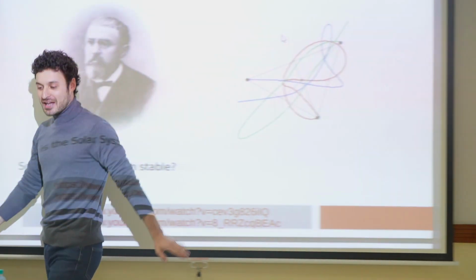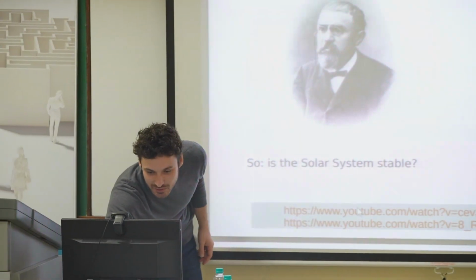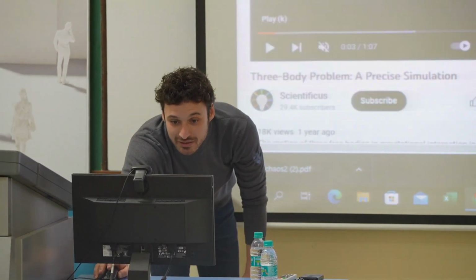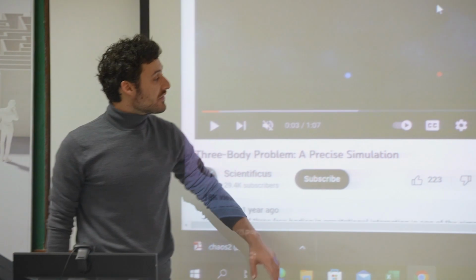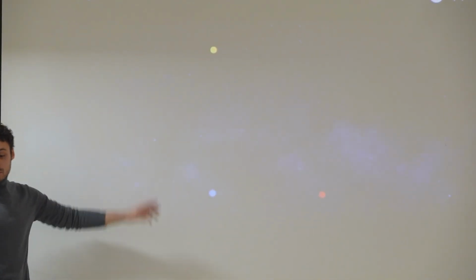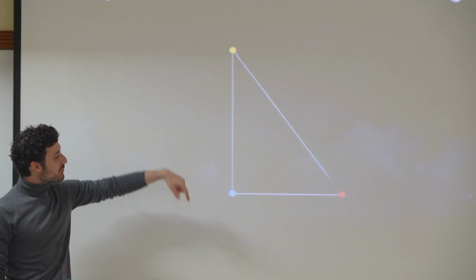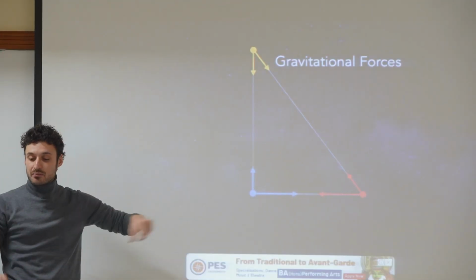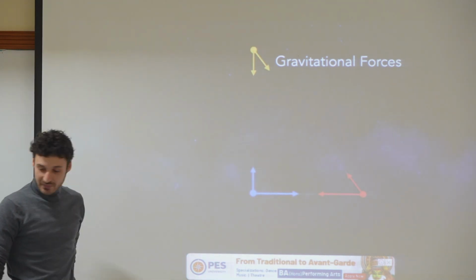You can see how that occurs in a fairly straightforward way just by looking at simulations, right? This here is a simulation of the three-body problem. You have three identical masses, and just one type of interaction between them: they all attract each other via gravitational forces.